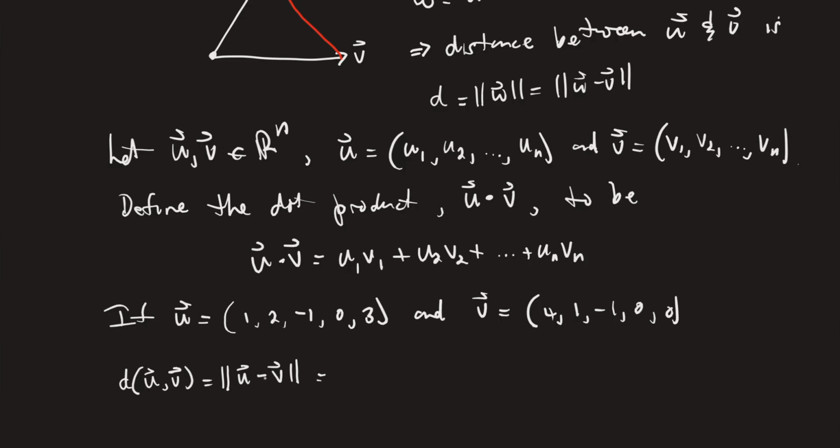We have to do the vector operation first. So we have to subtract the vectors and then take the norm of the resulting vector. I'm just going to do the subtraction mentally, pretty easy. 1 minus 4. Again, we're doing that component-wise. 2 minus 1. Negative 1 minus negative 1 is 0. 0 minus 0 is 0. And then 3 minus 0 is 3. So that vector there is u minus v.